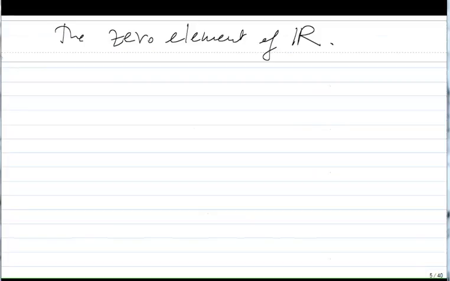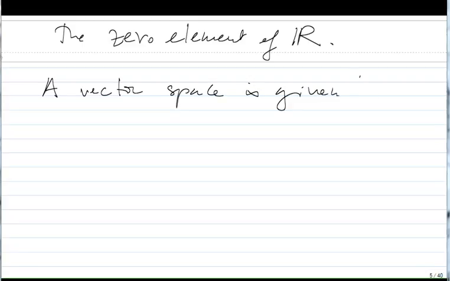So now, what is a vector space? A vector space is given by V, plus, and the multiplication by a number. So it's a triplet.